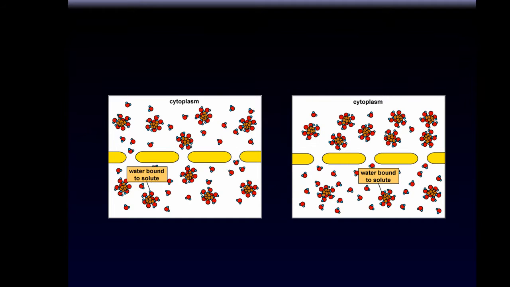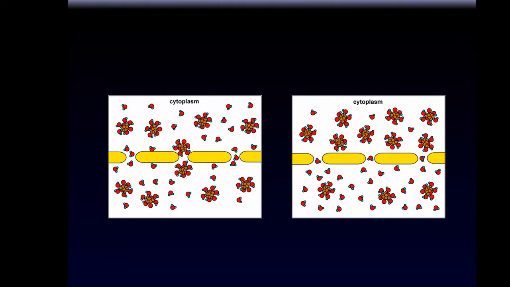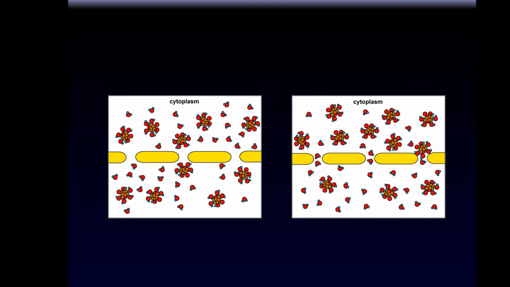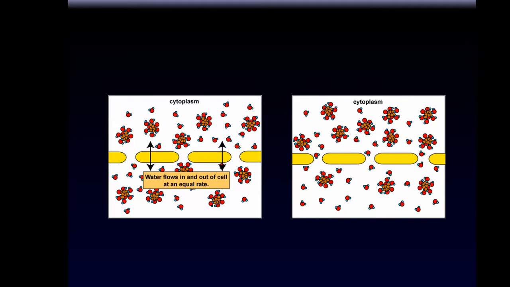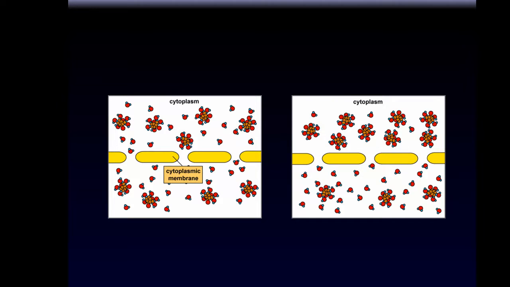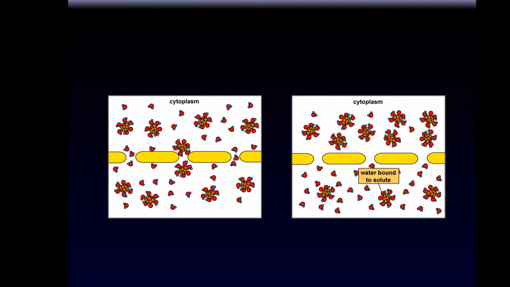There's water and there's solute. The solute cannot move across the cell membrane, but the water will. So this phenomenon occurs in living cells, and it continues until the water is equal on both sides.